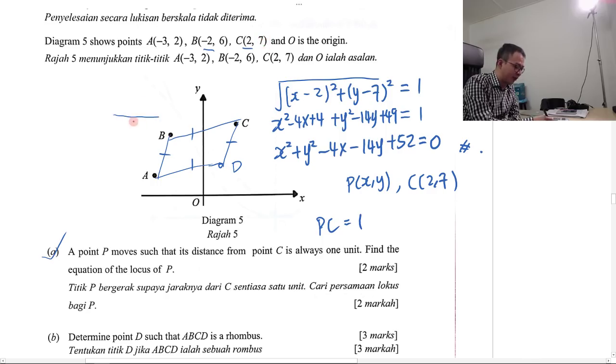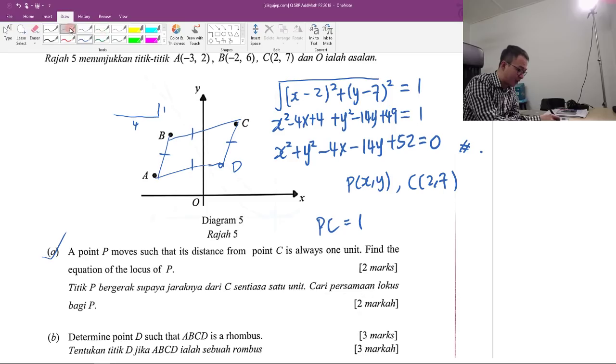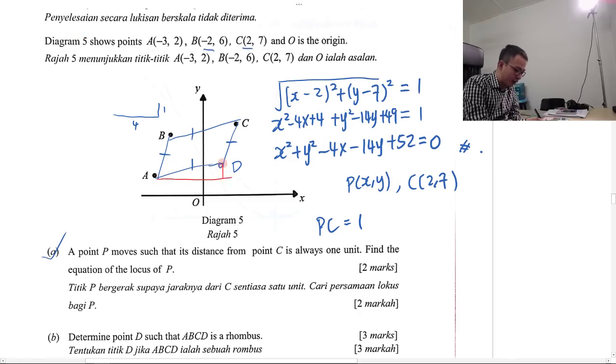That means they move 4 units across and 1 unit up. So to get the coordinate D, I just use A and move 4, 1 as well. A is negative 3, move 4 units, I get 1. 2, move up 1, I get 3. So I can straight away get D as 1, 3. But of course I guess the examiner does not want you to use the easier way.